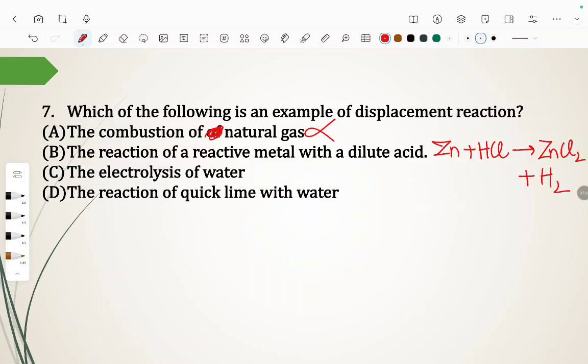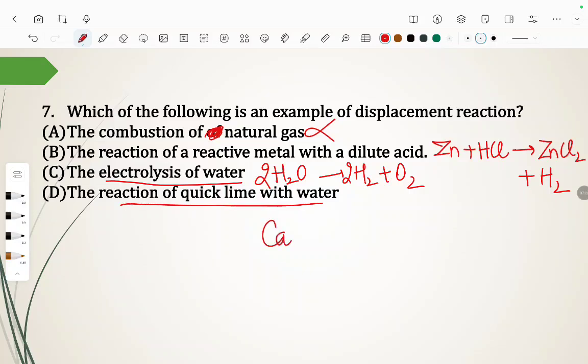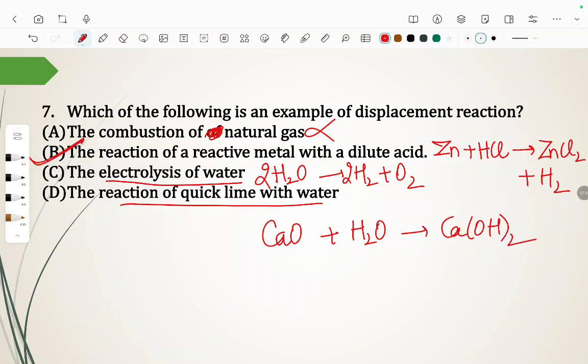This is the displacement reaction, right? We can check other options: electrolysis of water, this is decomposition; reaction of quicklime with water, no. So our correct answer is option number B, right?